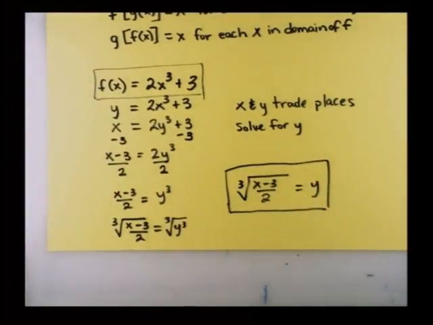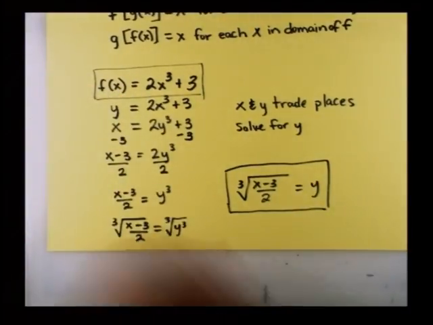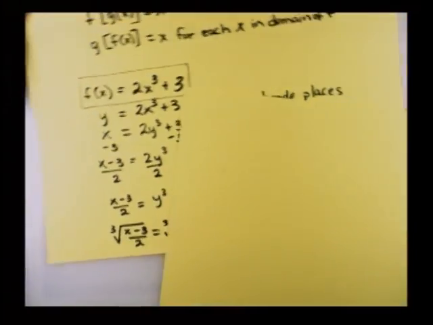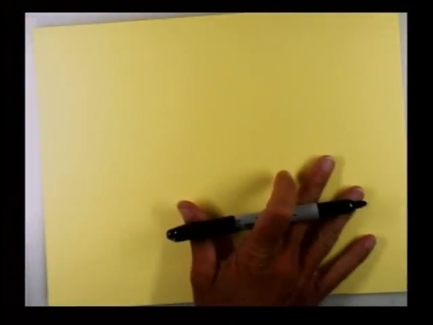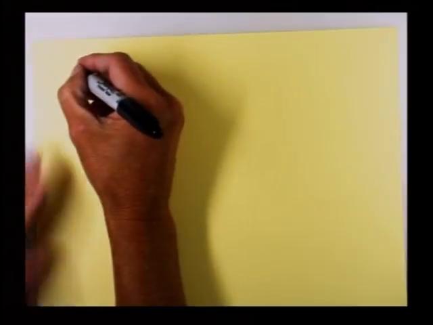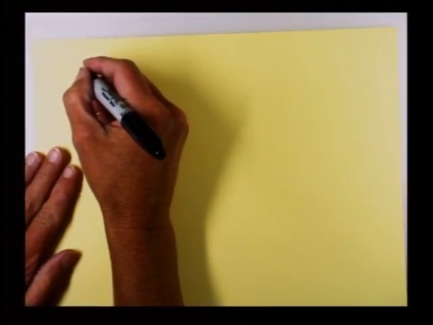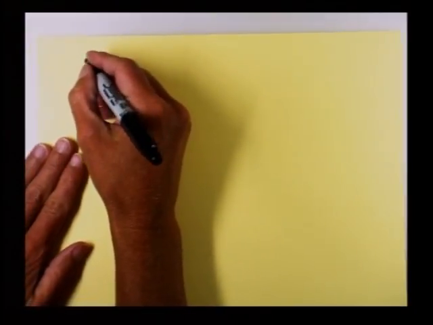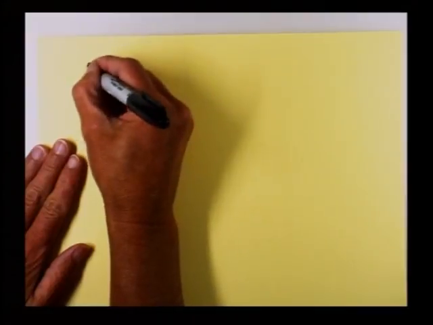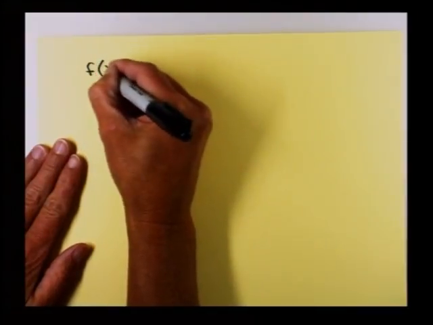Before I do that, though, I'm going to take you to a simpler problem. We'll do the same thing, but with another set of equations. So let's go through this set of equations that I want you to try on your own. I want you to see if you can find the inverse of this function.